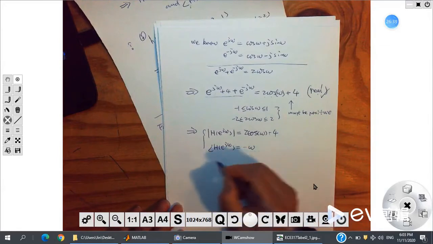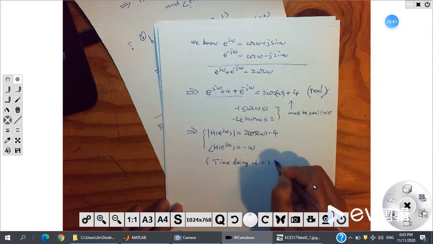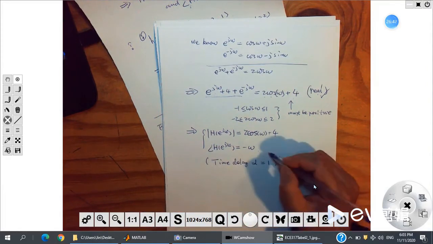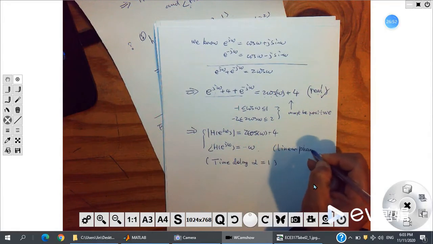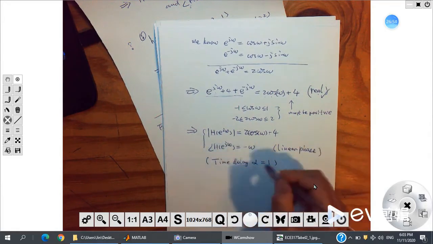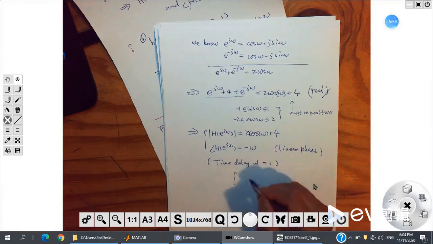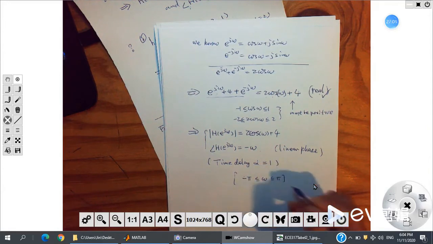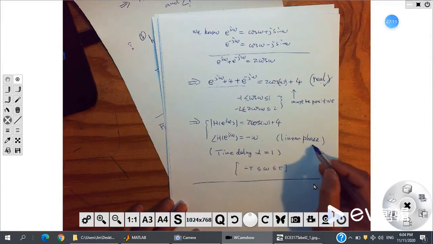And we know the time delay r equals 1. This is a linear phase. Of course, all of this requires that omega is from negative pi to pi. Okay, so it is a linear phase, no problem.